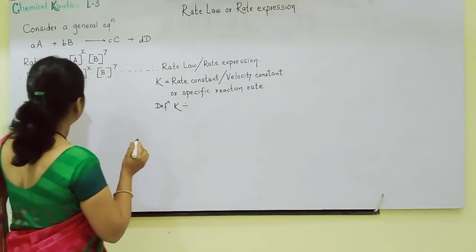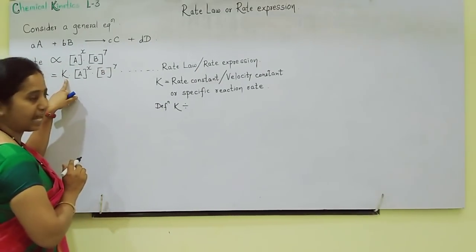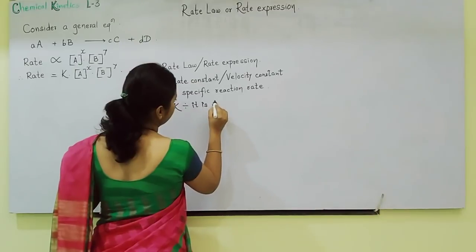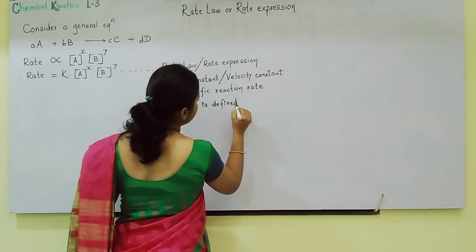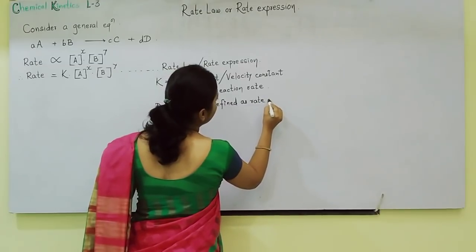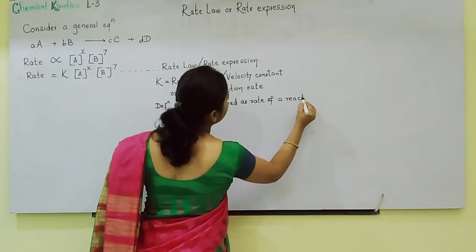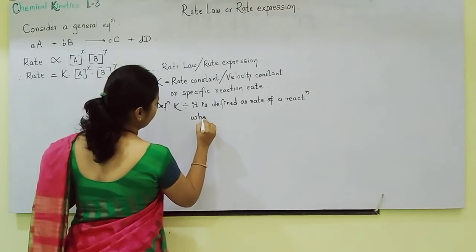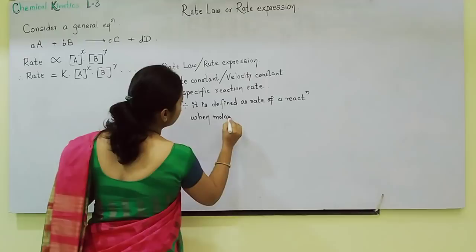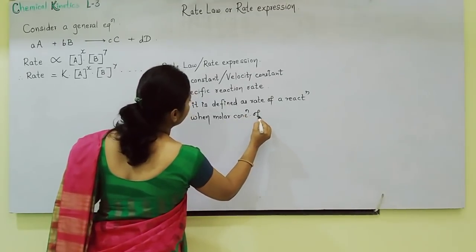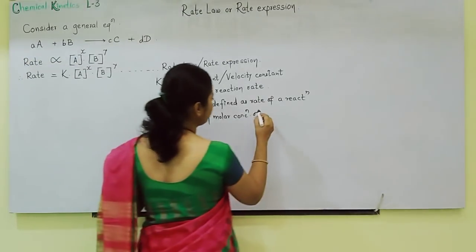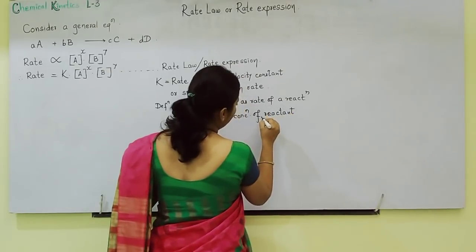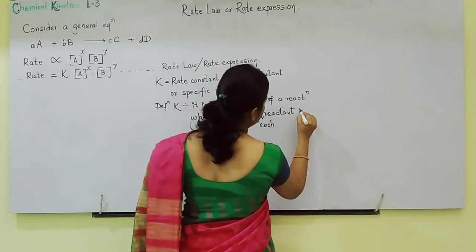Rate constant K is defined as the rate of reaction when the molar concentration of each reactant is unity.